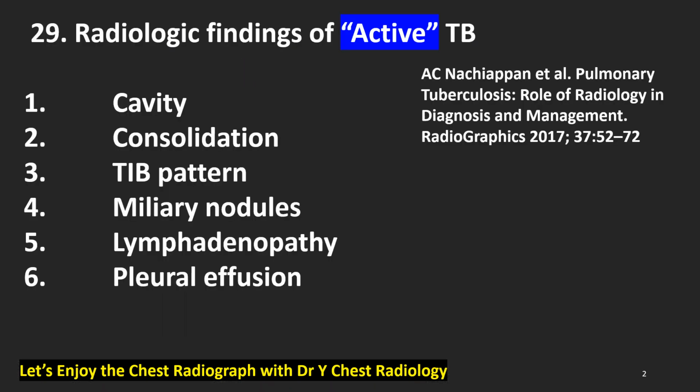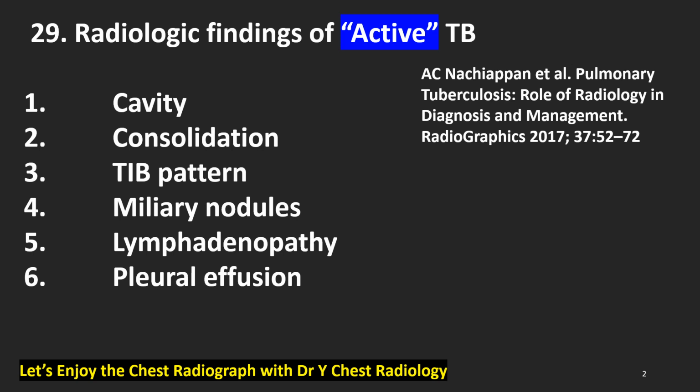I repeat this slide again. We remember this slide, but I repeat it today because it is the most important slide about pulmonary tuberculosis, written by Dr. Nachapan et al., Pulmonary Tuberculosis in Radiographics, 2017. First, cavity. Second, consolidation.